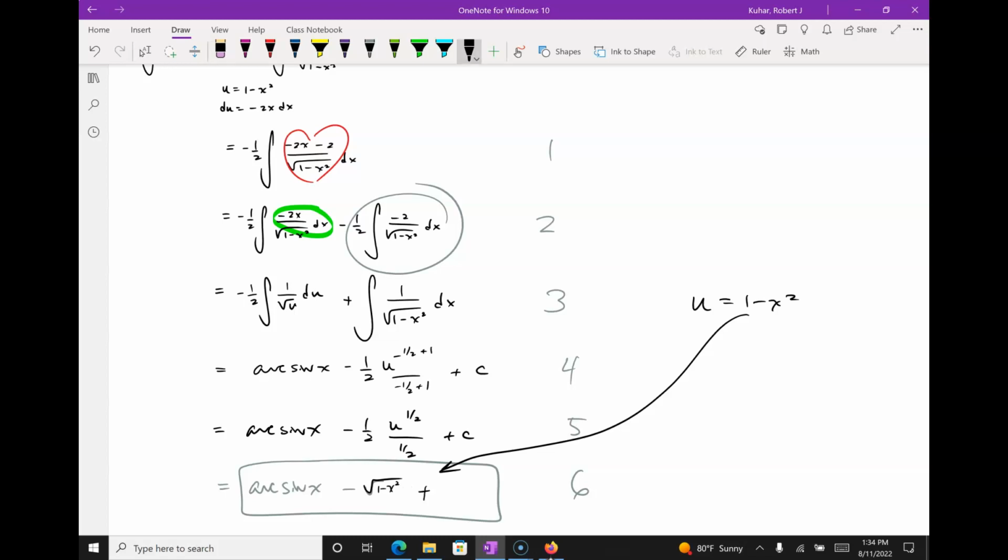Yep. I just plugged in, the 1/2's canceled, right? And then u to the 1/2 is half power is the square root, and u is 1 minus x squared. Done. How do we check? Derivative.